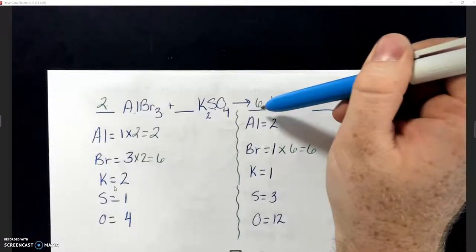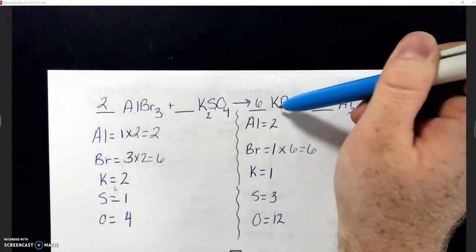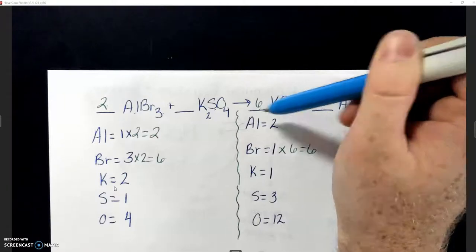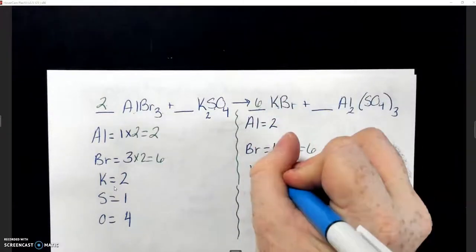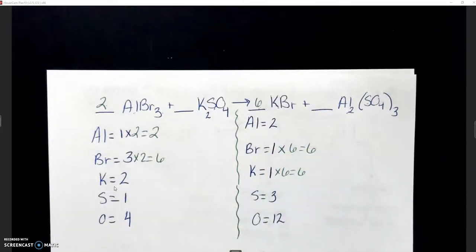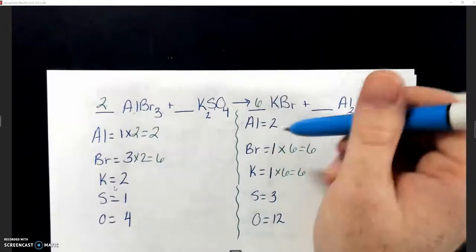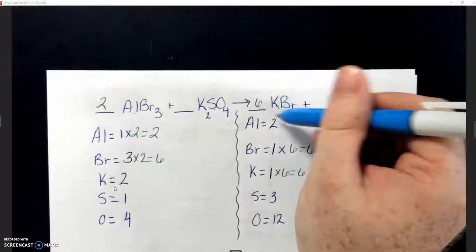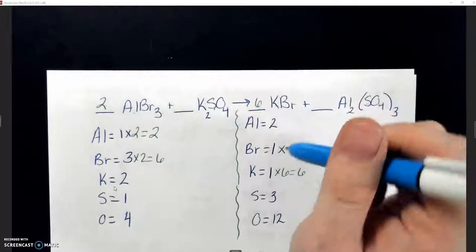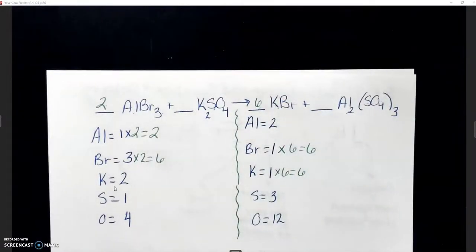But this coefficient out here applies to this K as well, so we need to change that too. I have 1 K times 6. This is now 6. A lot of people forget that in compounds like this, they balance one and forget to go back and change the other. Can't forget to do that.